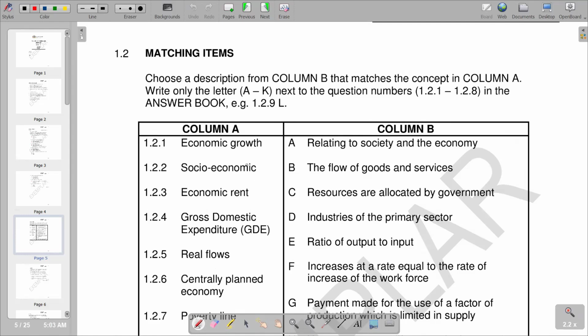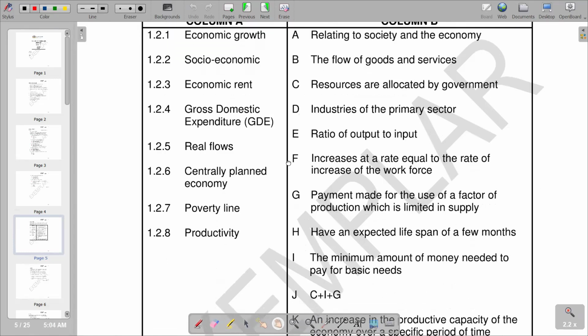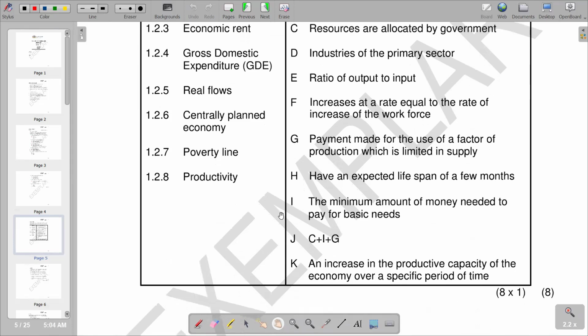Let's see according to the responses that we have, ranging from A down to K. We can see that we have K, which is the increase in the production capacity of the economy over a specific period. Obviously, there has to be a period used as the basis of comparison.